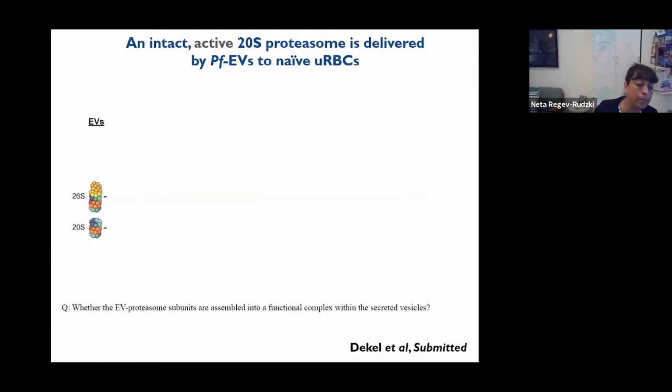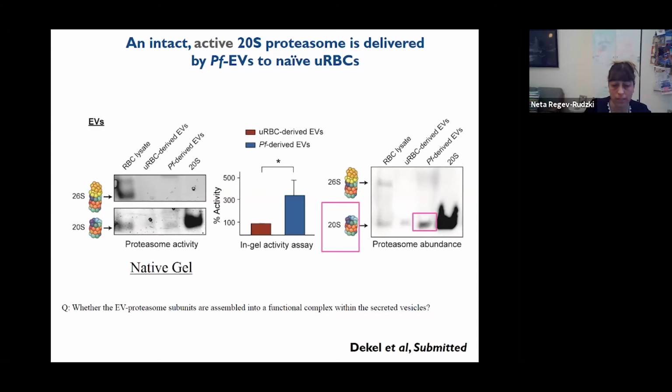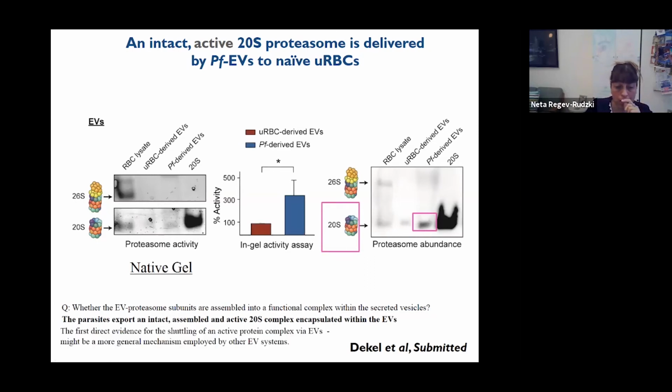Using native gel, in-gel activity assay, and many other biochemical assays of the 20S proteasome that I'm not going to present today, we indeed found that the parasite exports an intact, assembled and highly active 20S complex encapsulated within these vesicles. To the best of our knowledge, this is the first evidence for the shuttling of the 20S proteasome via the parasitic vesicles.